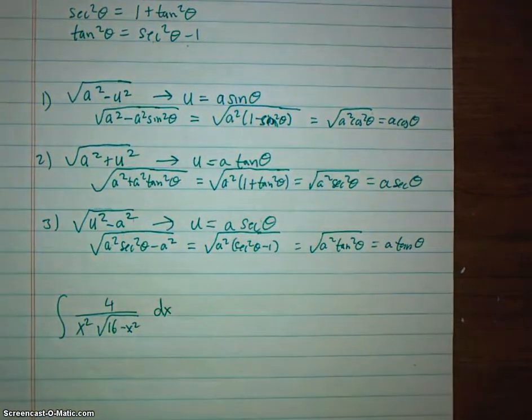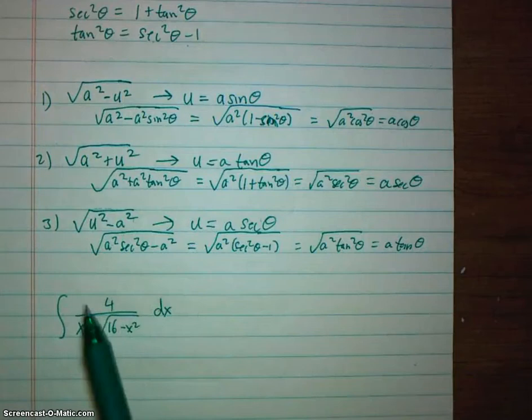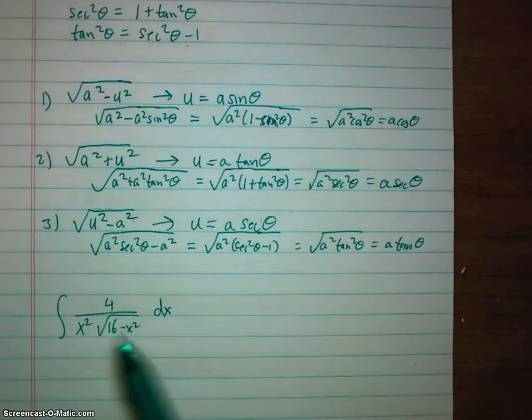Okay, first thing to note is that u substitution would not work. If you were going to do traditional u substitution, u would be the 16 minus x squared. du would be minus 2x. I don't have a minus 2x, so it's not going to work. We see that we have the combination of a square root and a square.